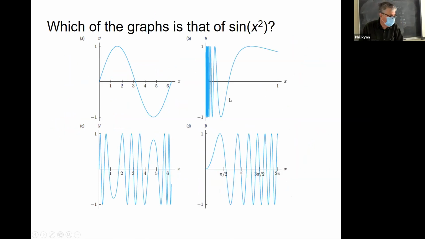Okay, Eric, here's one for you. Which one of these is the graph of sine of x squared?